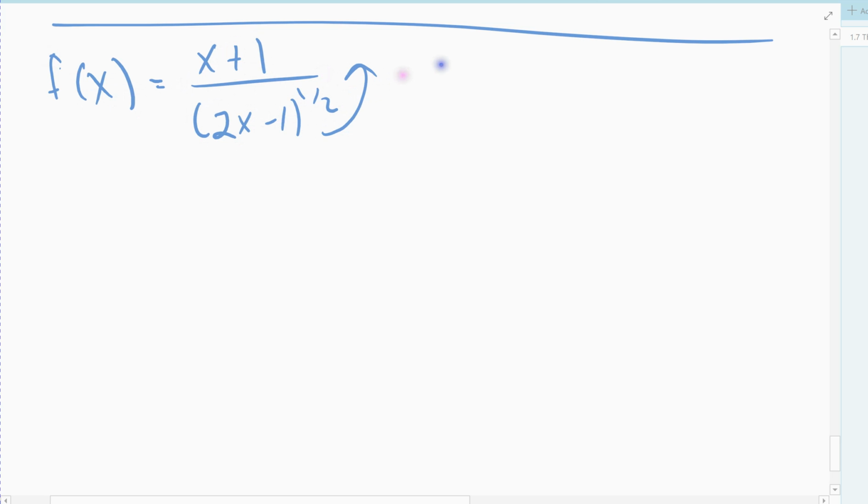Now, a different way you could do that is move that up. So if I rewrite this, x plus 1 times 2x minus 1 to the negative 1 half, because I moved it up. Well, now I'm going to use the product rule instead of the quotient rule.